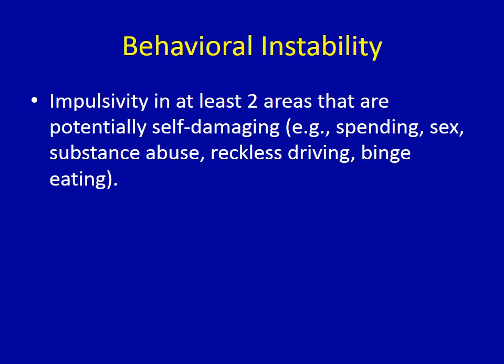So this might include things like spending behaviors, sexual behaviors, alcohol or substance abuse, reckless driving, binge eating, a range of behaviors in which a person's impulsivity in behavior is potentially harmful to themselves. Self-harming behaviors are excluded from this symptom because we treat them as a separate symptom. So, but these other kinds of behavioral instability would be considered evidence for behavioral instability and behavioral reactivity.